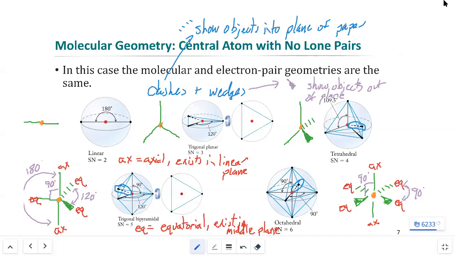If all the positions are the same, it doesn't matter where we put them. If the positions are different in terms of their distance apart, then it matters very much where we put them. And that's why steric number 5 is probably the most complex of those shapes.